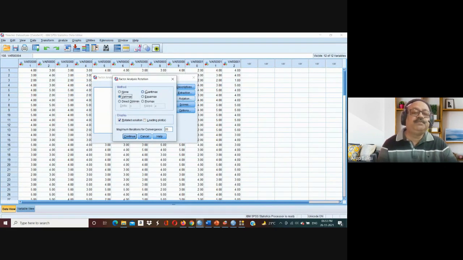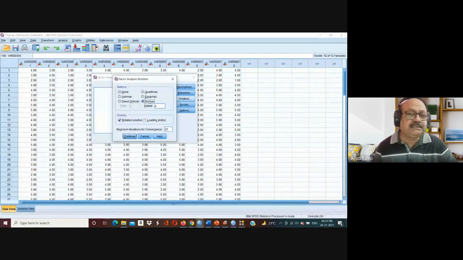And there are two options for oblique rotation. One is called direct oblimin, and the second one is called Promax. Normally, when you are using Promax, you are supposed to have a huge data set.